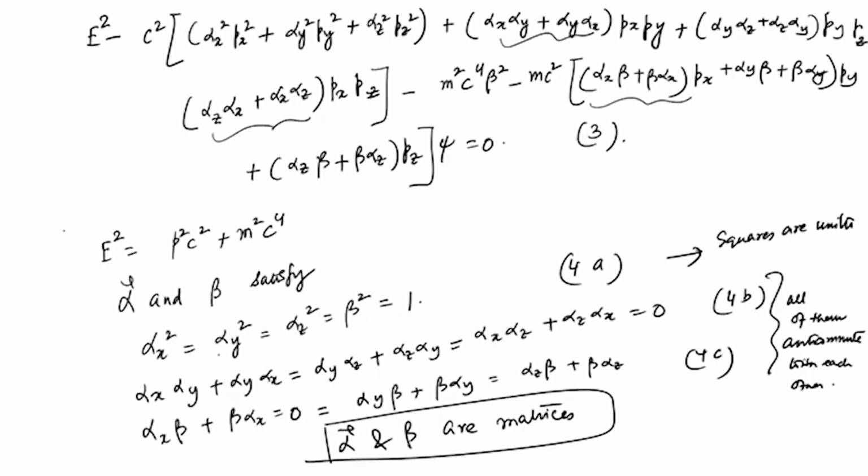If you compare this with the relativistic equation, then we understand that certain relations of alpha and beta emerge, which are written in 4a, 4b and 4c. Because of these relations, we are forced to think of them not as single numbers, but as matrices. We are yet to ascertain the rank or the shape of these matrices.